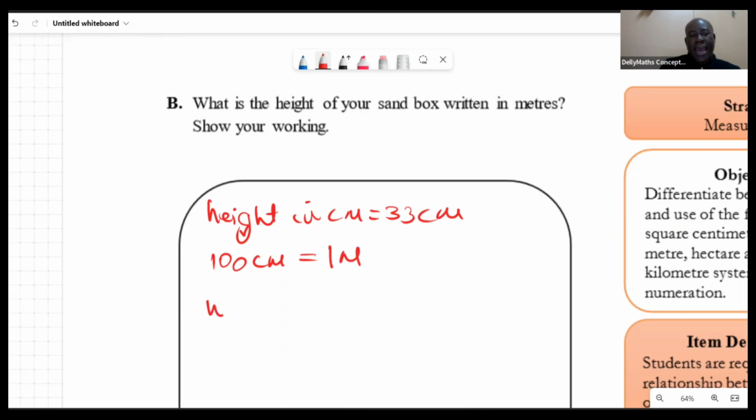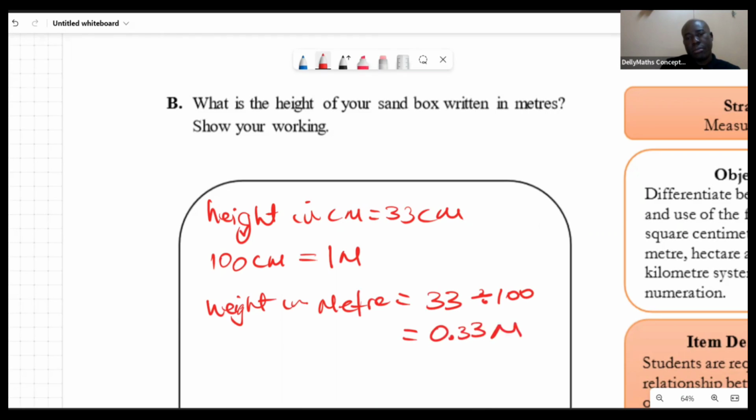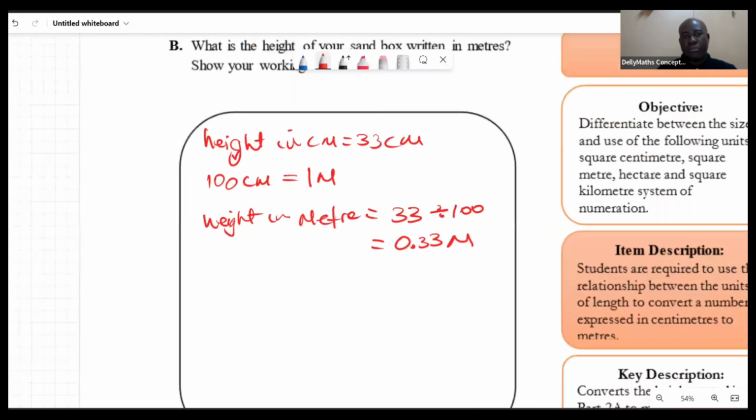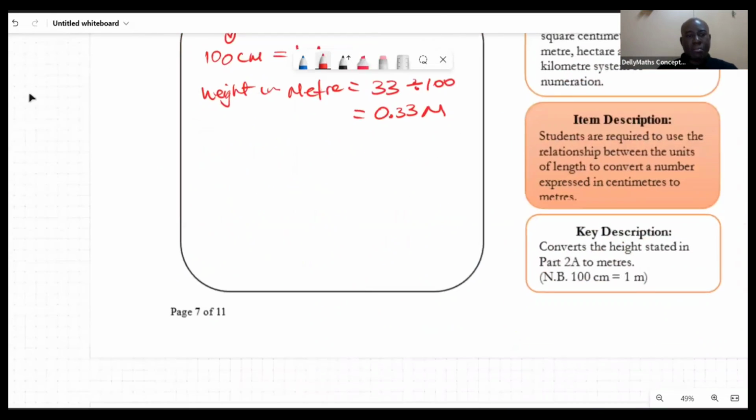So then the height of my sandbox in meters will be 33 divided by 100. And I will definitely get 0.33 meters. All right. So I would definitely have 0.33 meters for the height of my sandbox.